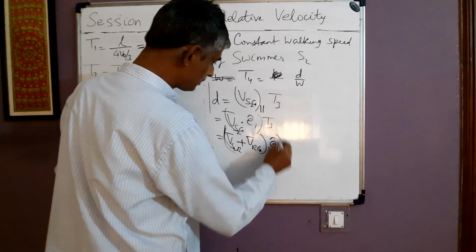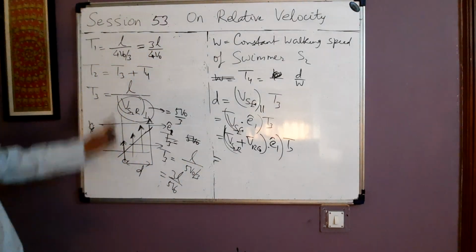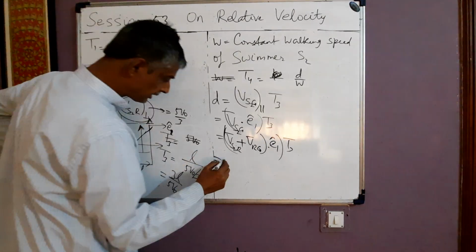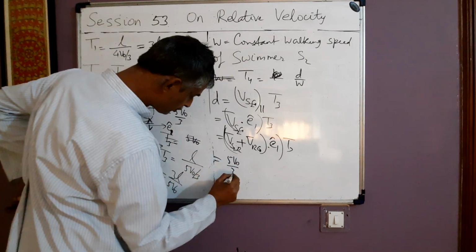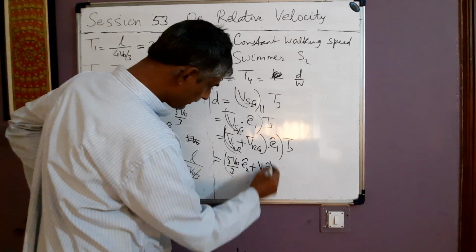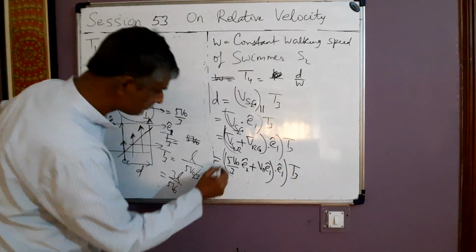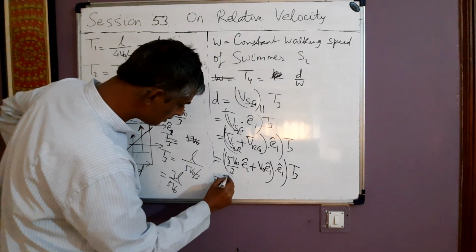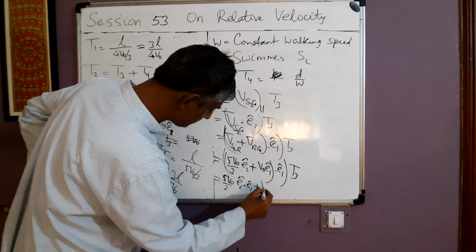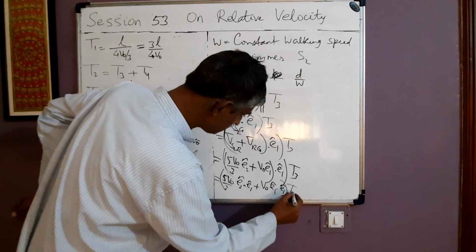Now VS2R is along the direction normal to river flow, with unit vector e2 hat, so it is written as 5V0 by 3 e2 hat, and VRG is V0 e1 hat.